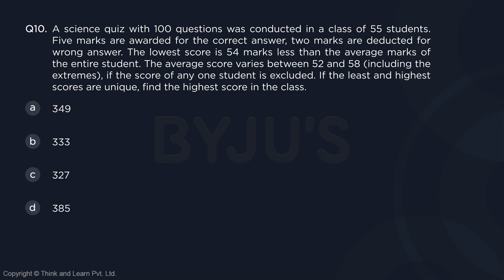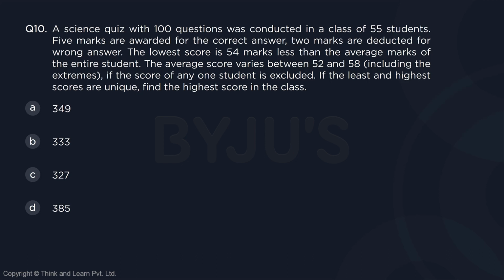The average score varies from 52 to 58, including the extremes, if the score of any one student is excluded. So the initial average must have been between 52 and 58, correct.